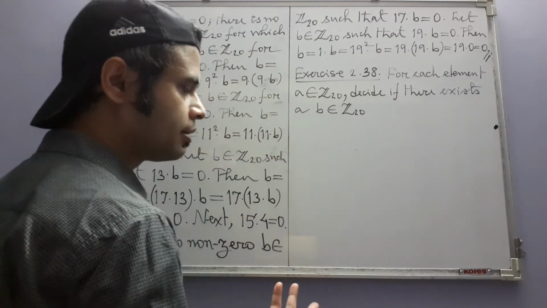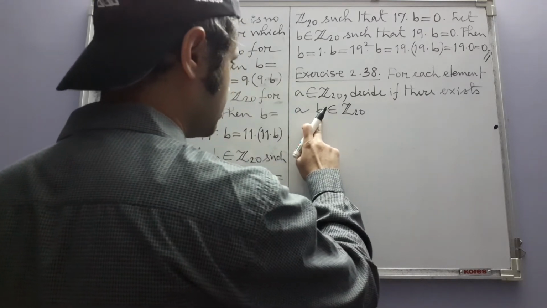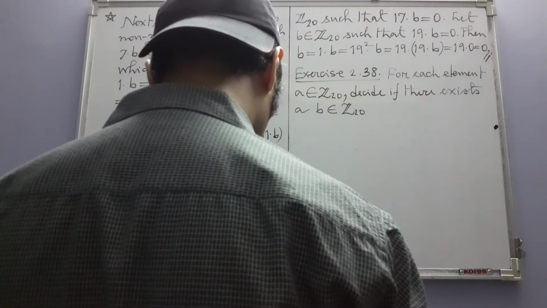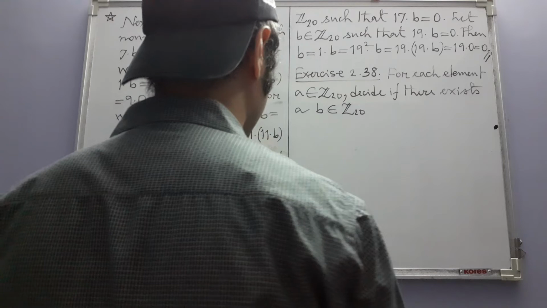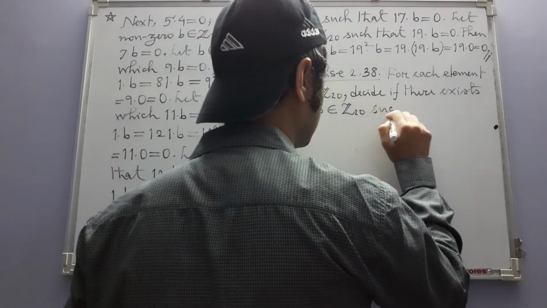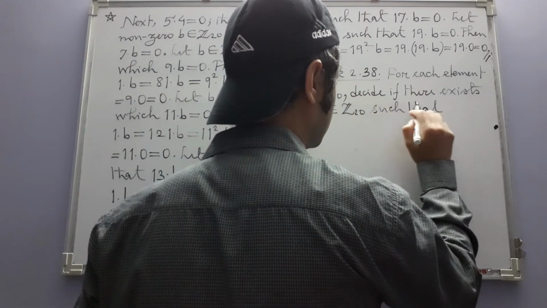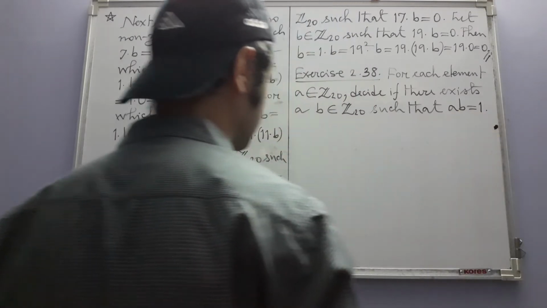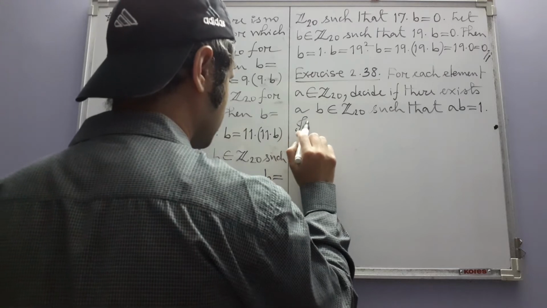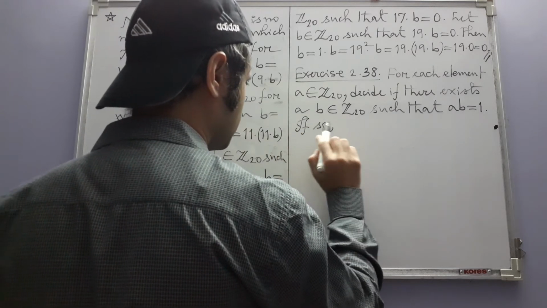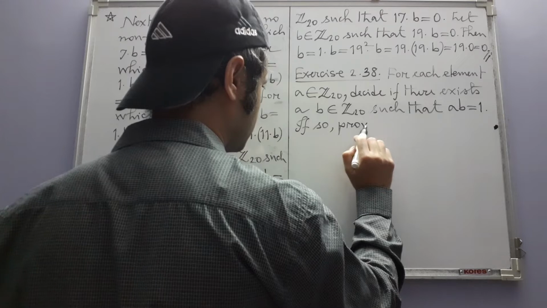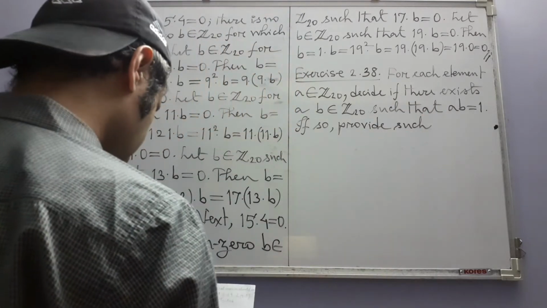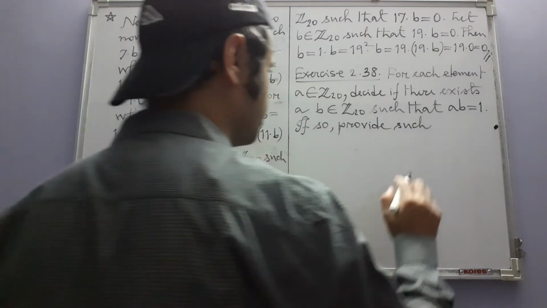This A is article A, and this B is of course our element B, such that the product AB is 1. If so, provide such an element B.